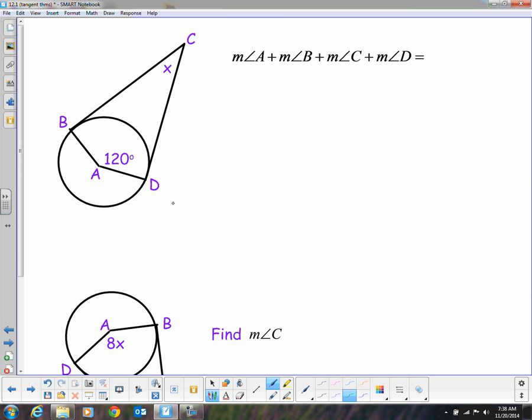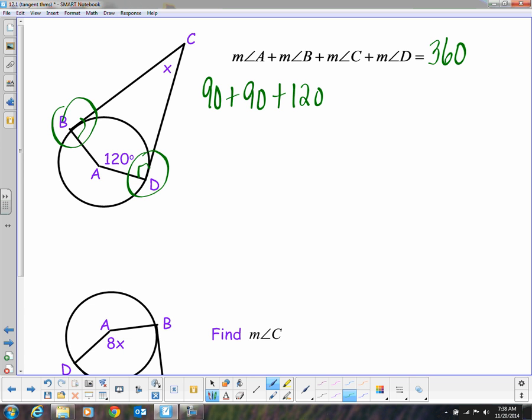Okay, so let's look at this again, all right? The measure of angle A plus B plus C plus D is how much? 360. So this is just like the problem we just did. What is this angle? 90. What is this angle? 90. How do you find x? 90 plus 90 plus 120 plus x equals 360.